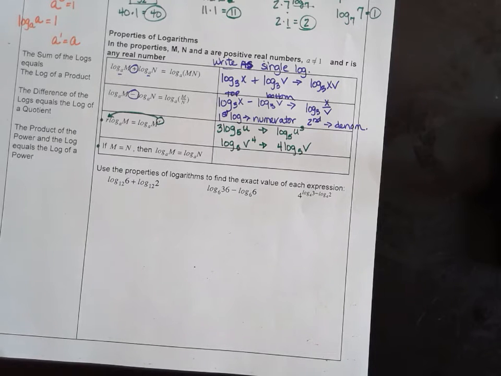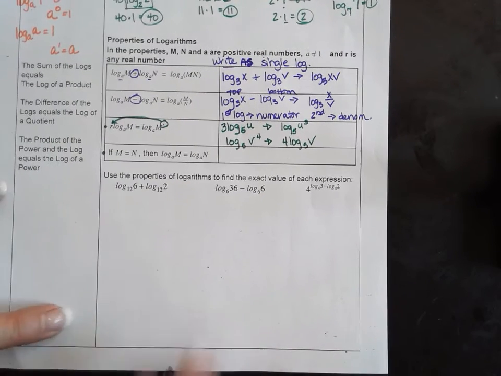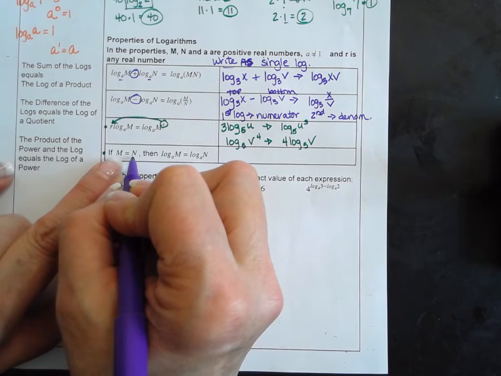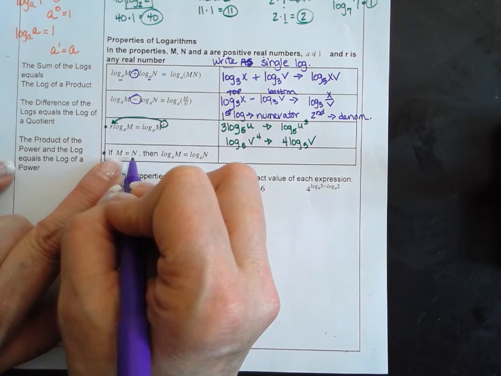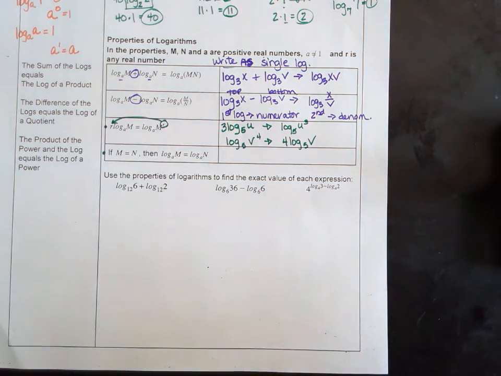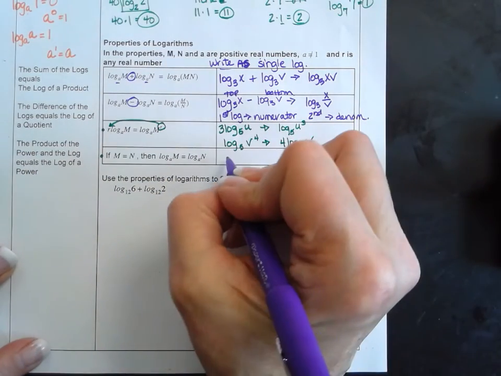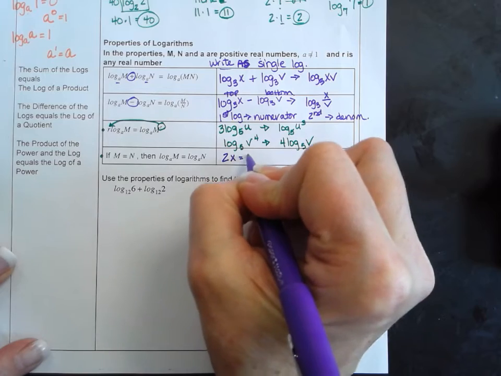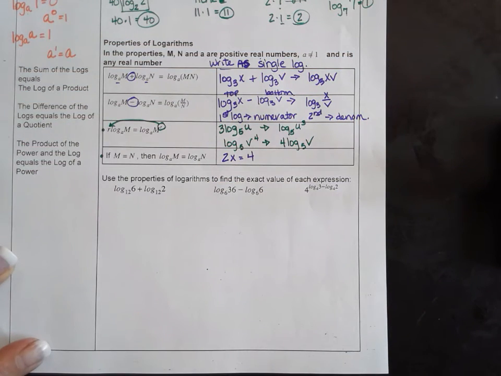All right, and then my last one just basically says that if you have your m and n equal to each other, then the logs are going to be equal to each other, which kind of makes sense. So let's say I have 2x is equal to 4.